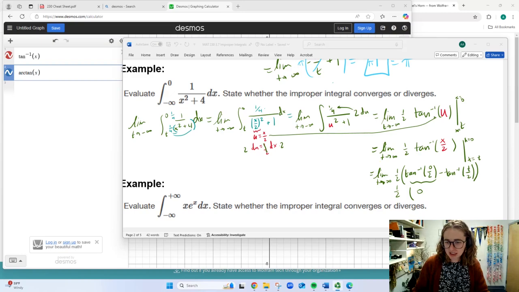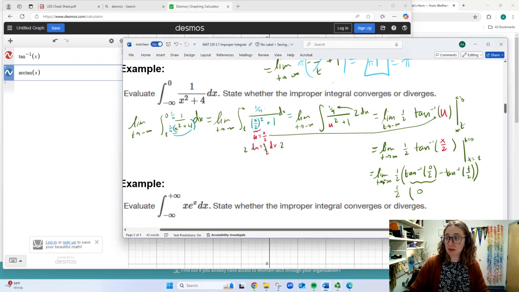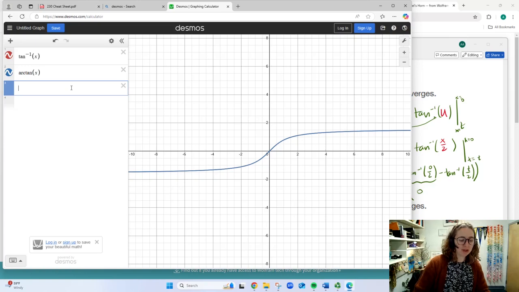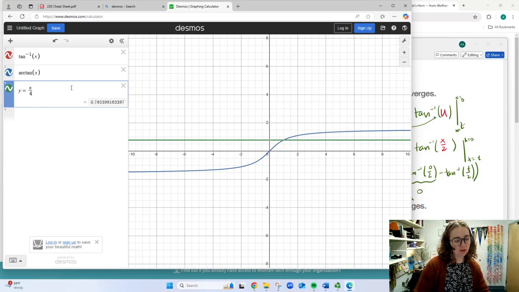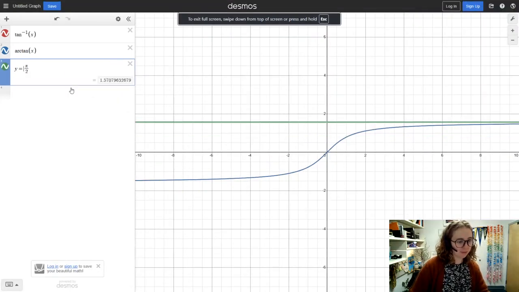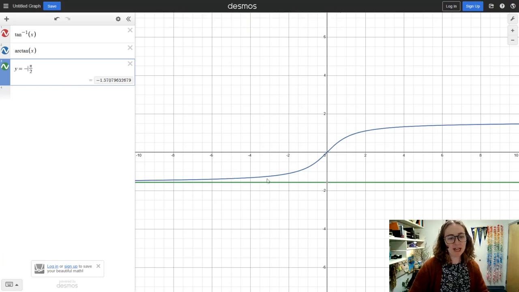As my x value approaches negative infinity, this is getting closer and closer to pi halves, but it would be a negative pi halves since it's going towards negative infinity.